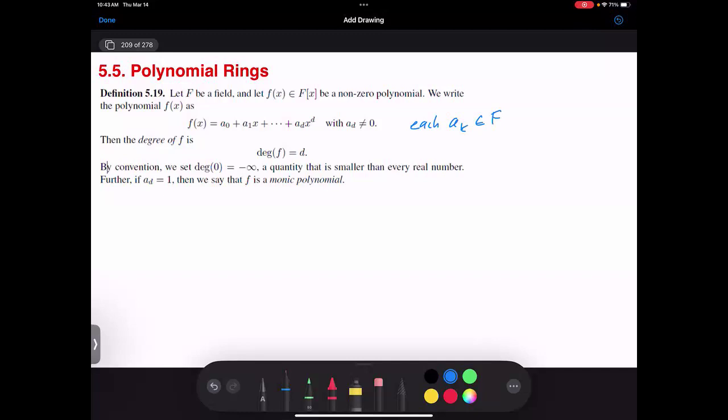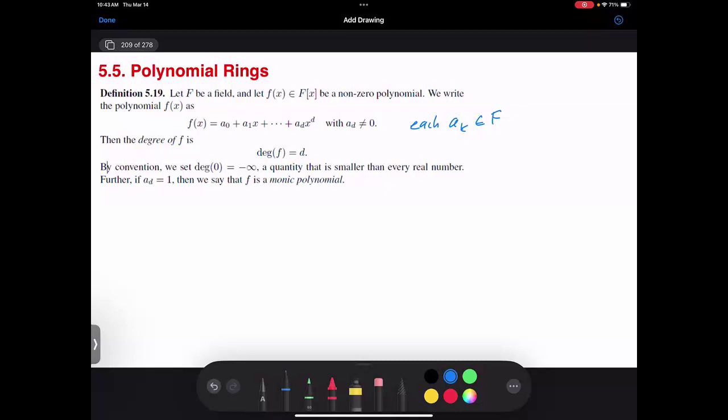If we want to then say that d is the degree of f. Okay, so if I give you a cubic, what should be the degree of a cubic? 3. Now, if I give you 0x cubed plus 3x squared, well, I could view that if I wanted to as a cubic with just 0 leading term.